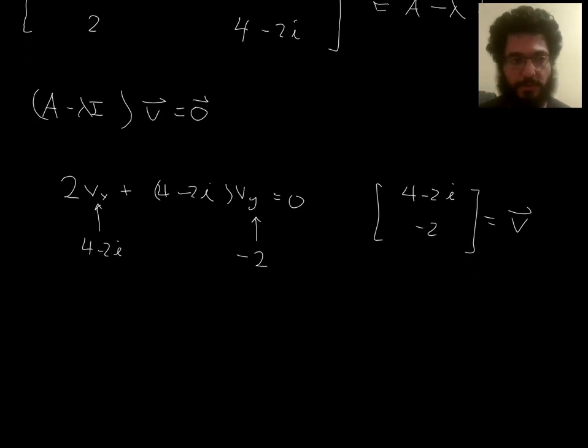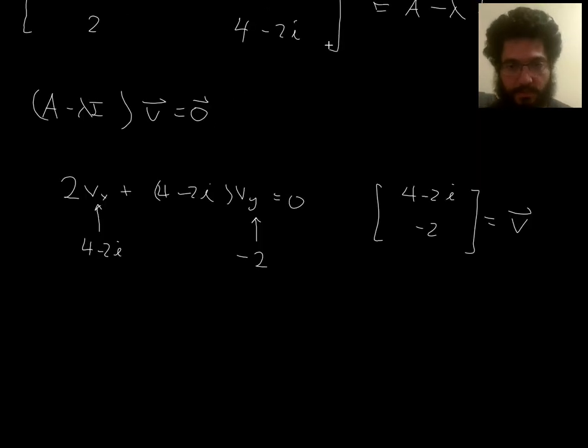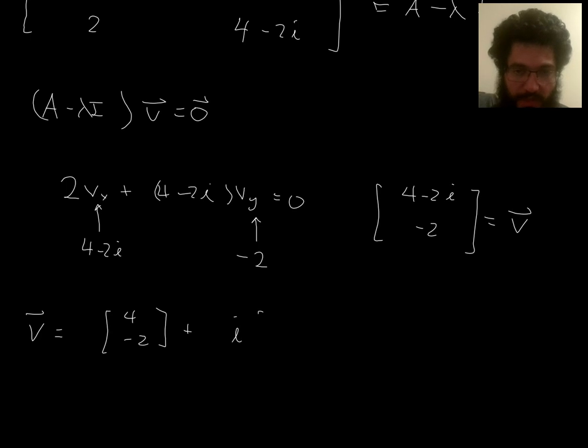So let me show you explicitly now what is meant when I write, earlier I was writing v equals w plus iz. What was meant there is, here it would be (4, -2) plus i times (-2, 0), right?